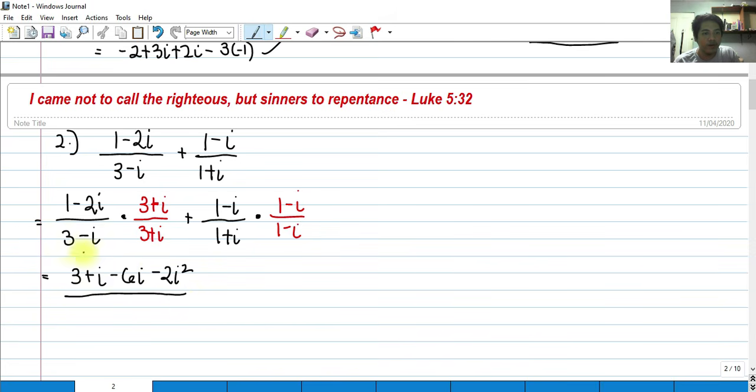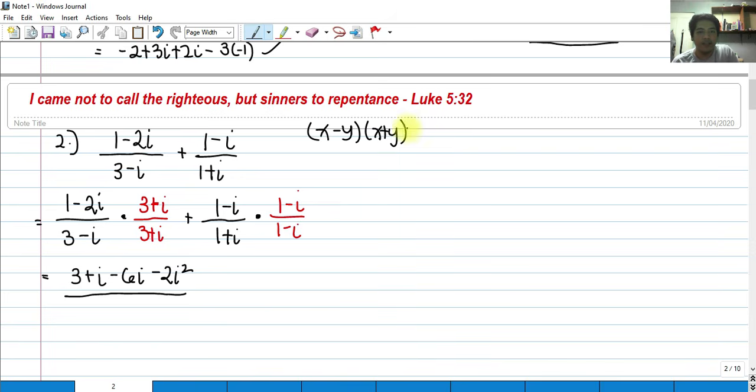Over, of course, if we really review this, 3 minus i times 3 plus i, we simply multiply the first term and the last term. That's actually having x minus y times x plus y in your algebra.